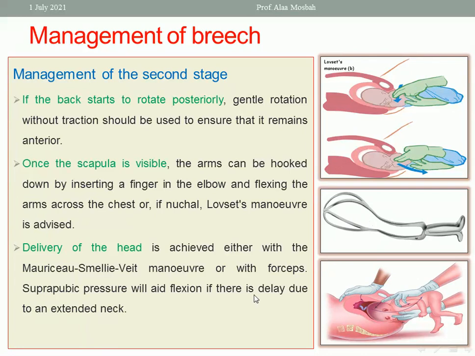The third one is not recommended nowadays because it may be injurious to the neck of the fetus by lifting the baby from the legs toward the mother's abdomen, with possible extension and injury, so it is not preferred. So the preferred one is jaw flexion shoulder traction or use of Piper forceps.